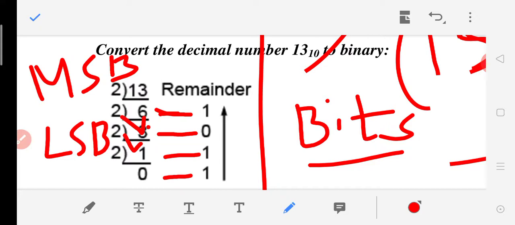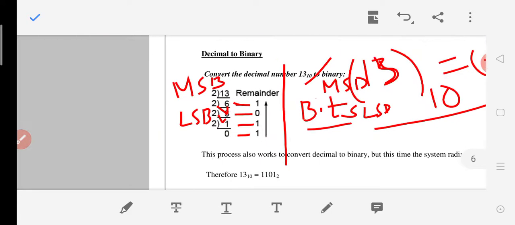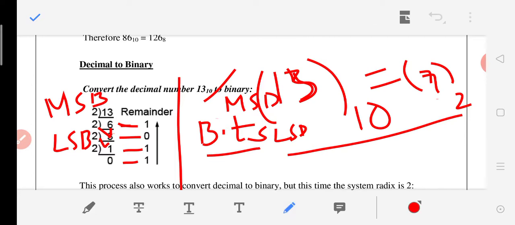In the case of the decimal number system, MSD and LSD mean most significant digit and least significant digit. We will see later what the most significant bit and the least significant bit are.